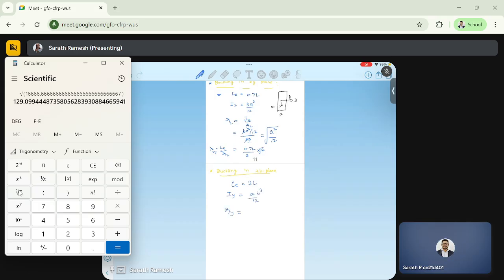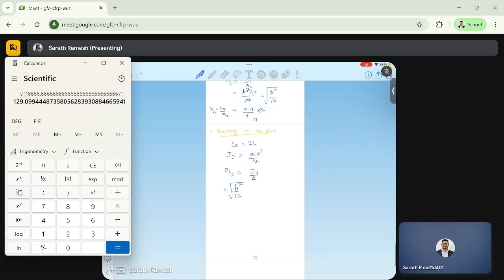RY will be IY by A. So this will be AB will go. So B square by 12 root of. Okay. This is B by root 12, RY. Now lambda of XZ will be 2L by R.